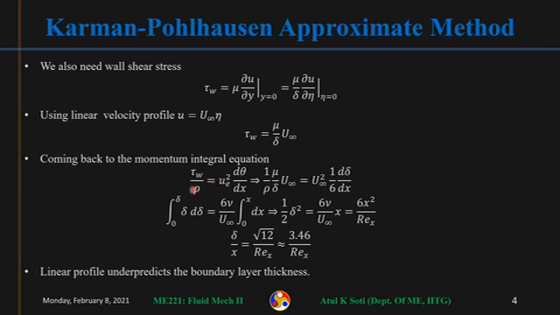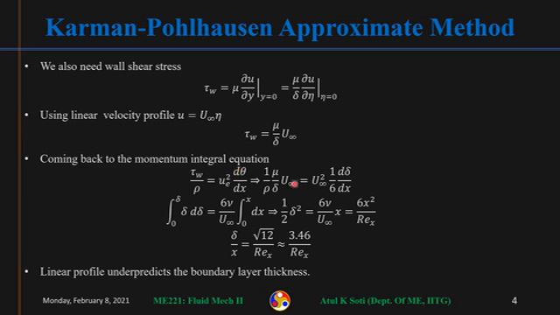So that was tau wall upon rho is equal to ue square d theta by dx. Tau wall is this, 1 upon rho times mu by delta times u infinity, and u is simply u infinity, so u infinity square, and then d by dx of theta, where theta was 1 by 6 delta. So 1 by 6 d delta by dx.